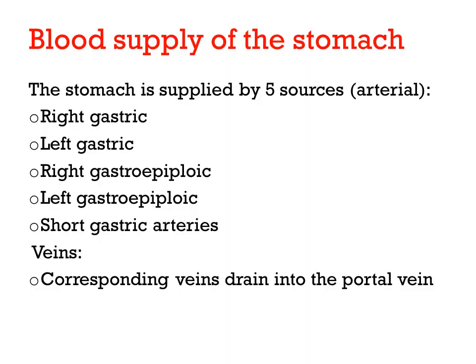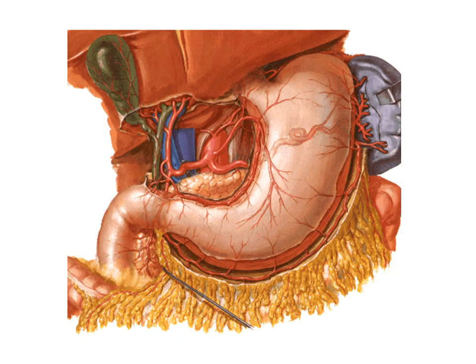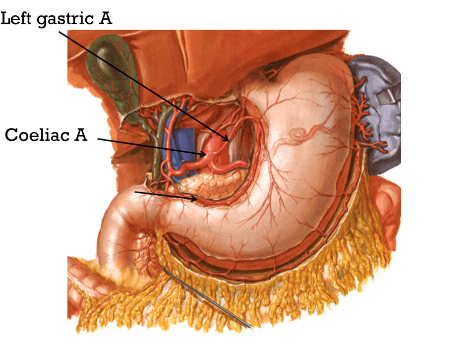Let us take a look. Here we have a very large and short trunk called the celiac trunk. From the celiac trunk we have the left gastric artery, which supplies part of the lesser curvature, and this is the right gastric artery, an indirect branch of the celiac.